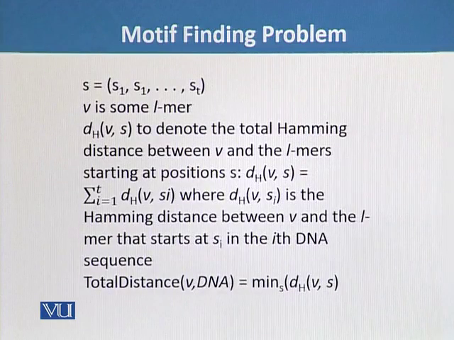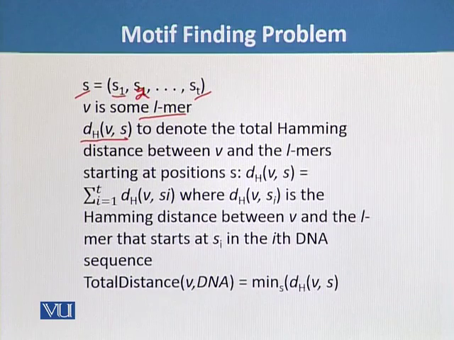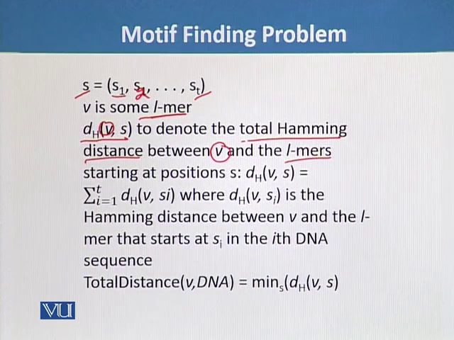Now we suppose that S, that is the starting point of each of the DNA fragments, S1, S2 to St, is an array of starting positions in some DNA sequences, and V is the l-mer. We will modify this notation a little bit and use this Hamming distance d_H(V, s) to denote the total Hamming distance between V and the l-mers.